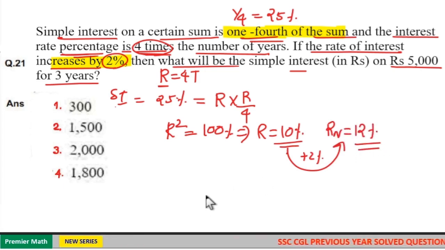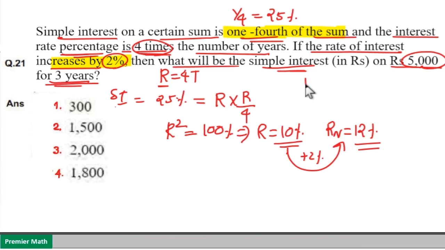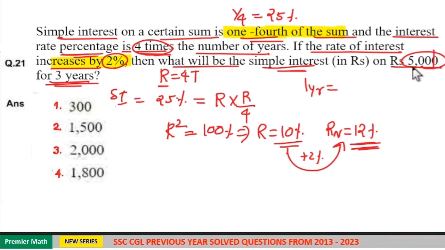New rate is 12%. And here we need to find what is the simple interest on rupees 5,000 for 3 years. Now, for 1 year, interest earned at new rate on this 5,000 is 12%. Now 10% of 5,000 is 500, 1% is 50.